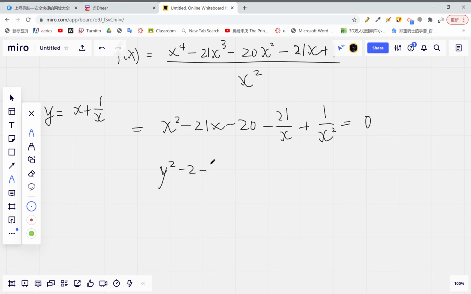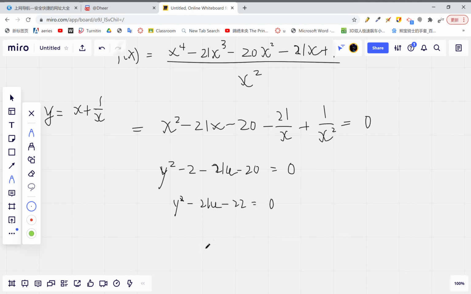And the negative 21x minus 21 over x is basically just subtract 21 times x plus 1 over x, so this is basically just subtract 21y. And we have the rest, subtract 20, equal to 0. So we get that y squared minus 21y minus 22 is equal to 0.